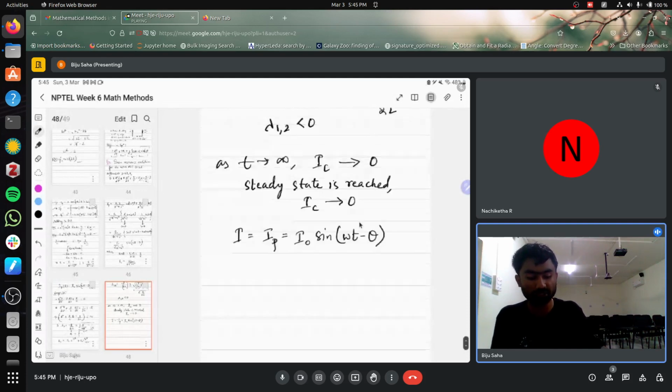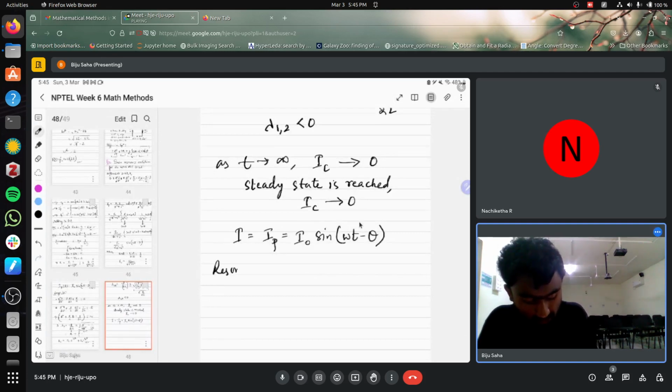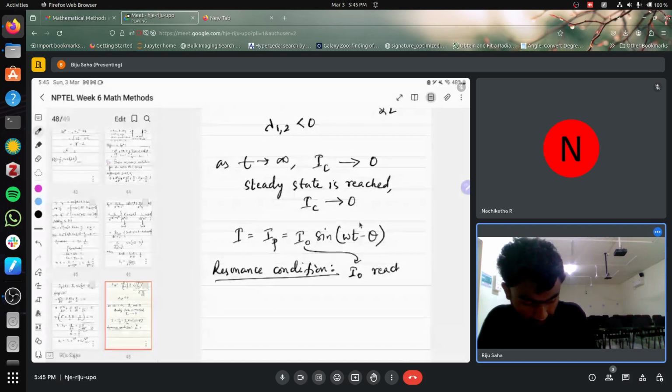So right now we are interested in finding the resonance condition. The resonance condition would be given by the condition where the I naught part, the amplitude, reaches a peak.